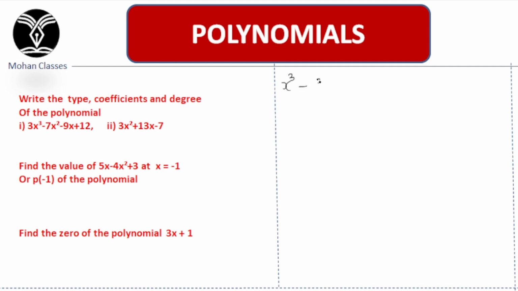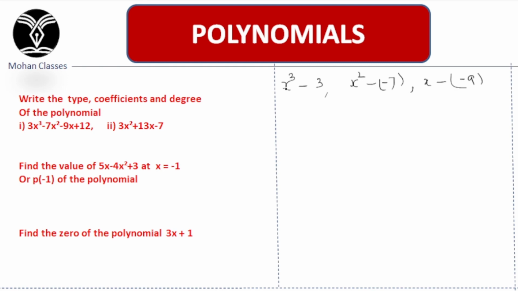Here 3. Coefficient of x squared, minus 7, right? Then coefficient of x, minus 9. Clear? Similarly, what about this? Coefficient of x squared is 3. Coefficient of x is 13. Okay, then the coefficients are written.